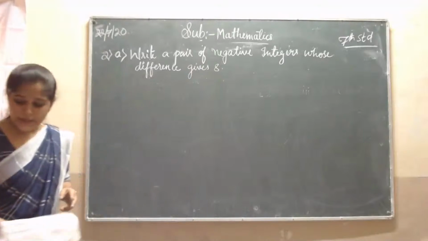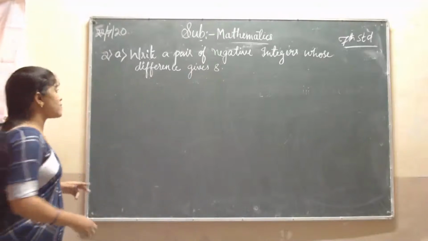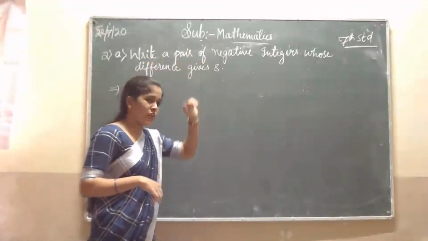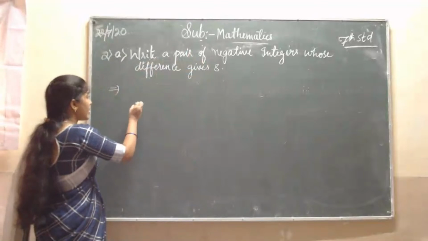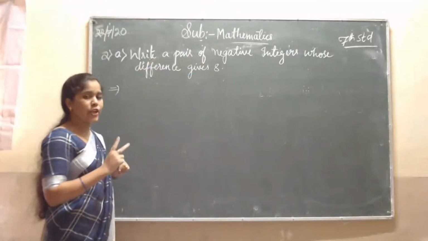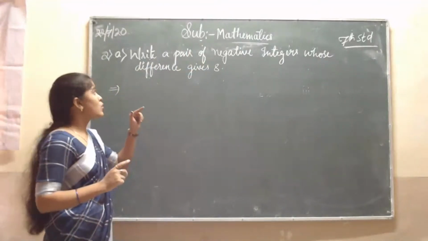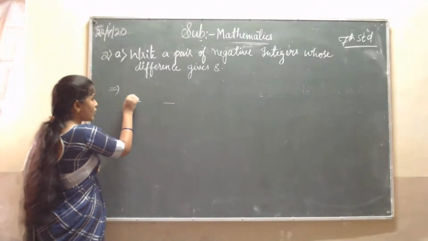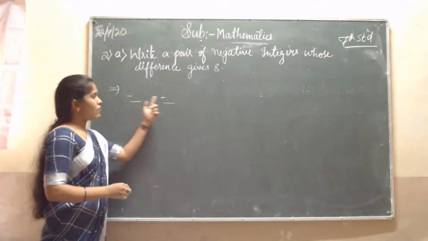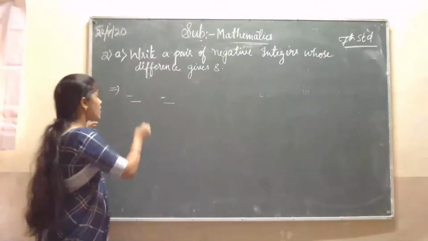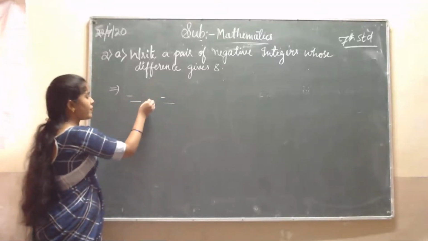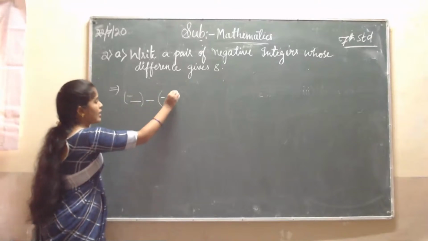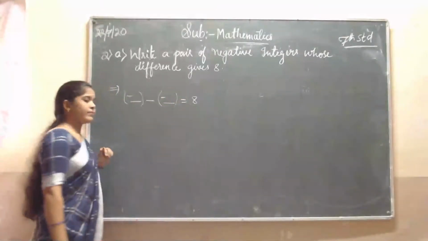See here, similarly to the previous problem, just see what they have given. Write a pair of negative integers. Negative means minus. Which two negative integers, we don't know. Let's see. Two negative integers whose difference, meaning subtraction, is 8.